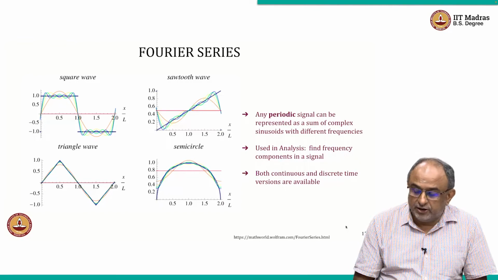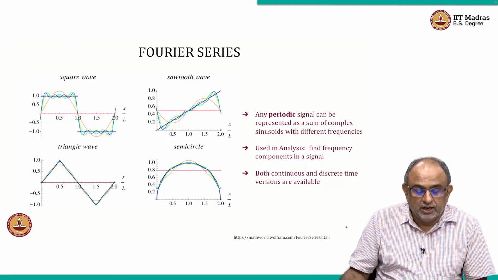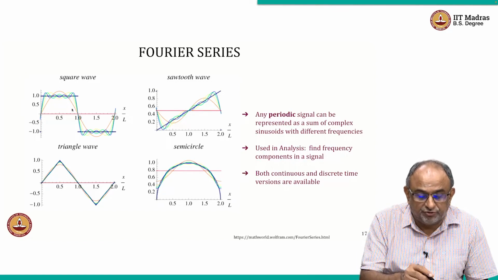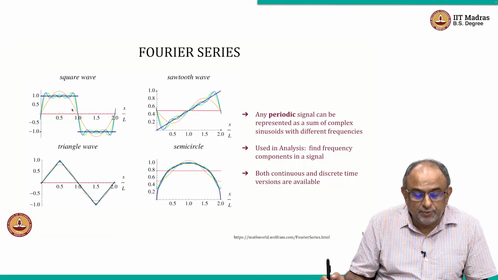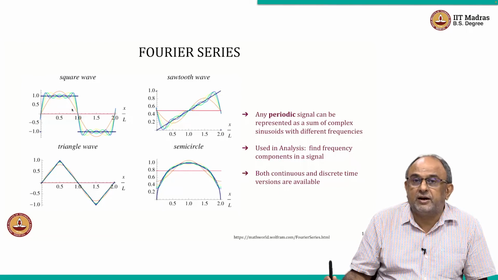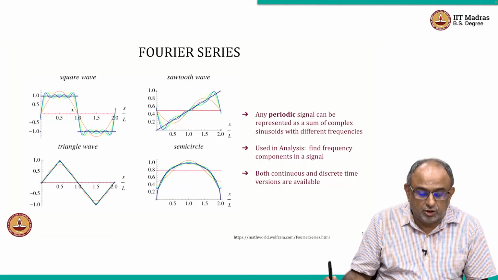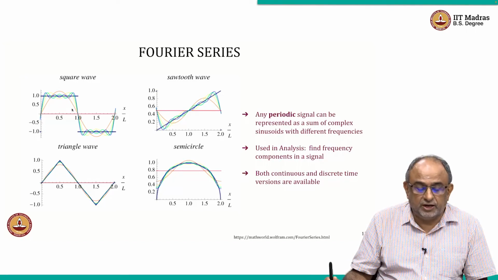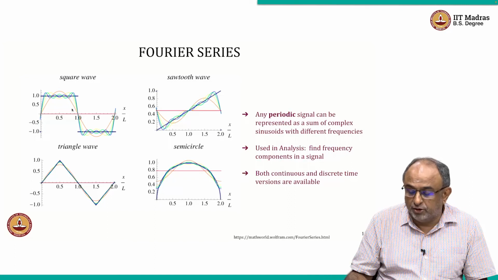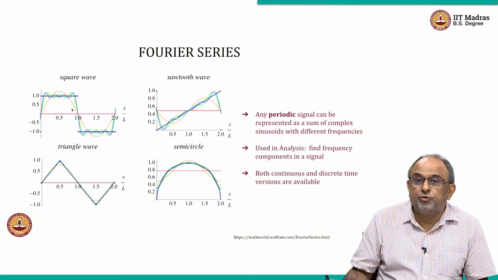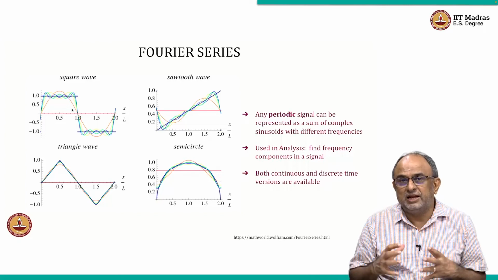As shown in the figure, you can see that there are some sinusoids with different frequencies, and if you add them, we typically start getting back the original sawtooth, or the triangular, or the cosine, or the rectangular, and so on. Okay. So, Fourier operates in the analysis.